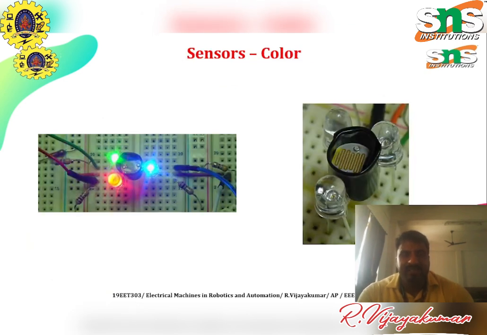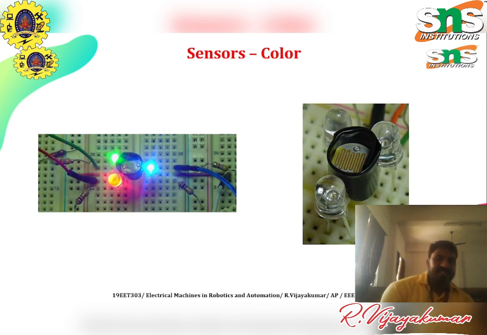And also there are color sensors. For example, in this image they are using an LDR sensor, a light dependent resistor. Based on the light, it gives different kinds of outputs. This sensor is normally an analog sensor. For example, red light, green light, and yellow light: each light has some illumination level, a radiation level.